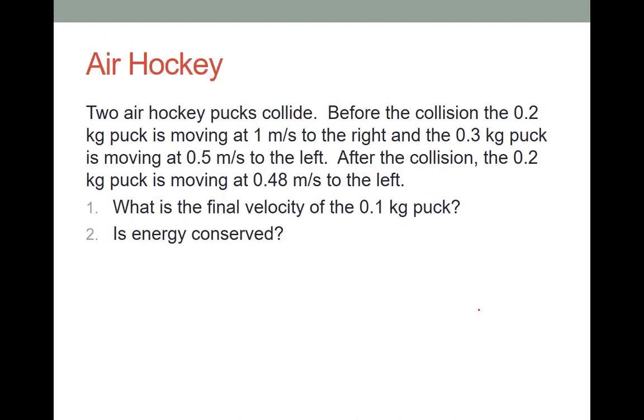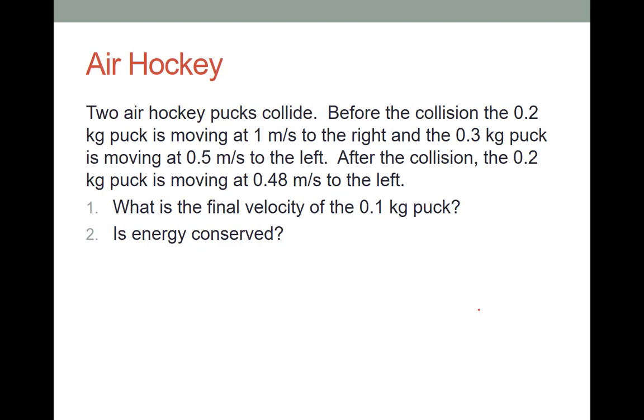For our next example, we're going to work with two air hockey pucks colliding. Before the collision, the 0.2 kilogram puck is moving at 1 meter per second to the right, and the 0.3 kilogram puck is moving at 0.5 meters per second to the left. After the collision, the 0.2 kilogram puck is moving 0.48 meters per second to the left.